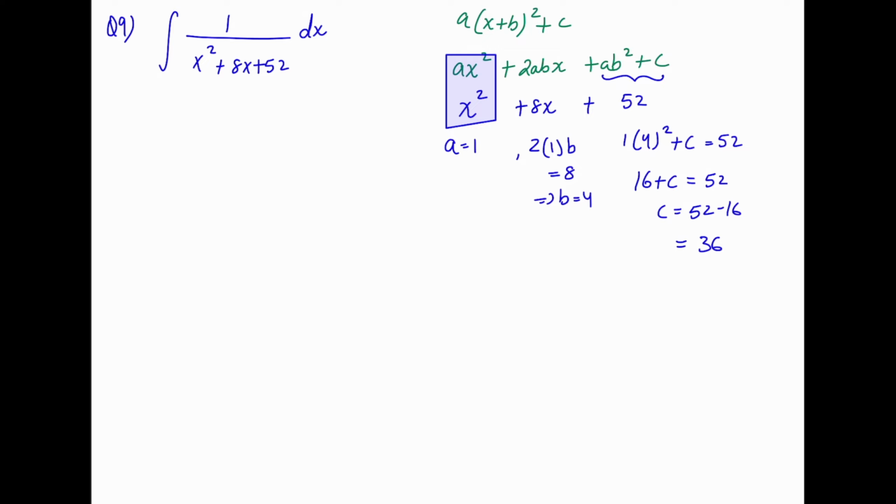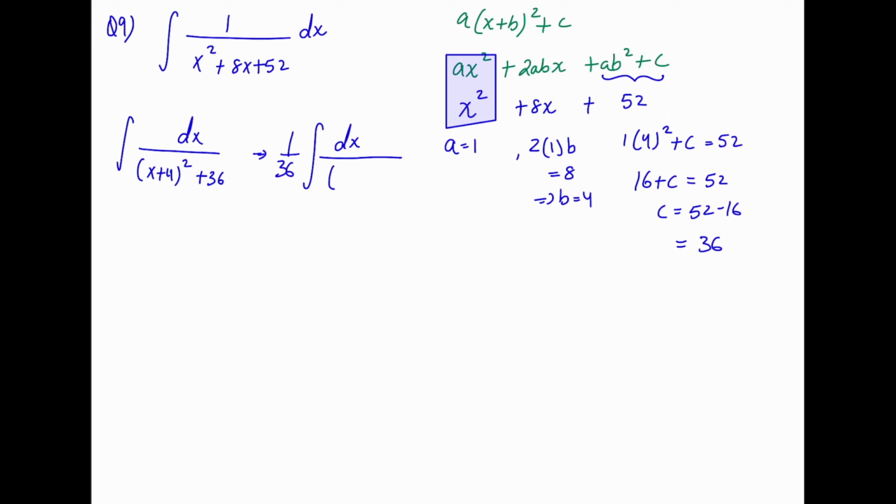It should be fine. So now my expression in the completed square form could be written like this: 1 times x plus 4 whole squared, and then plus 36. Okay, awesome. So that's the second security that you have, a calculator. It's great. So now we have it in this format. Now simplification will look something like this. You have to make this into a 1. So you're going to take the 36 out of it.